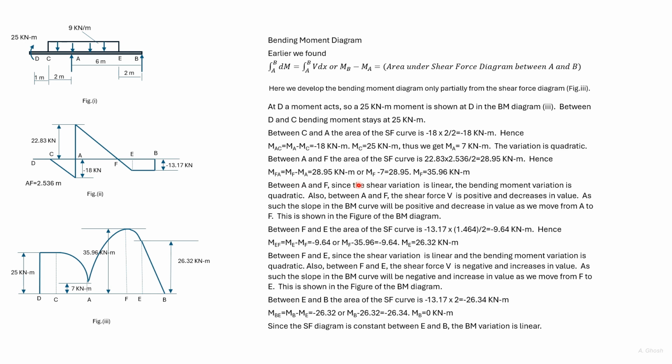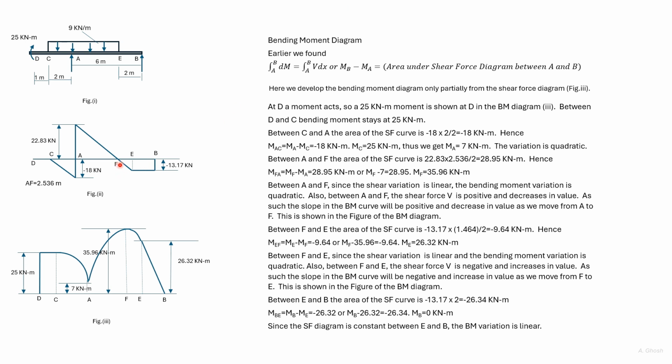Now MA is 7, from which we get MF is 35.96 kilonewton meter. At F, the shear force is 0, so we have the highest bending moment. This variation is linear, so the corresponding variation in the bending moment diagram is quadratic.